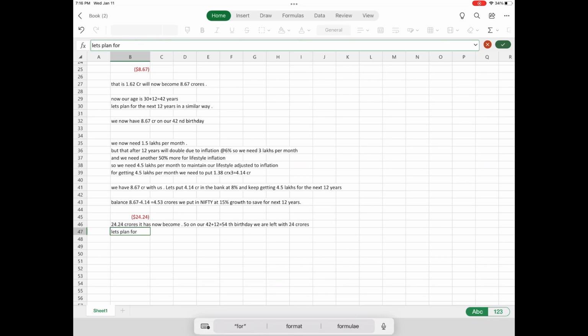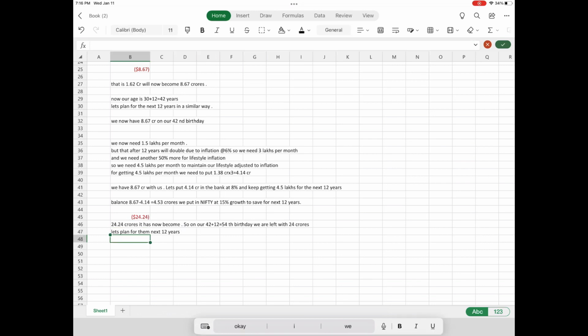So let's plan for the next 12 years now. What's going to happen for the next 12 years? Let's see how much our expenses will be. Can you check how much you think our expenses will be using the same pattern? Let's recollect that we were spending 4.5 lakhs per month.